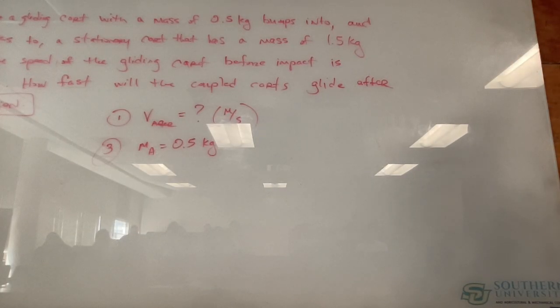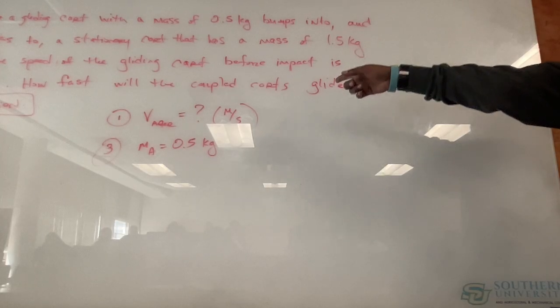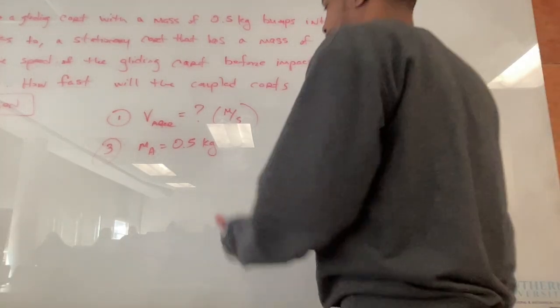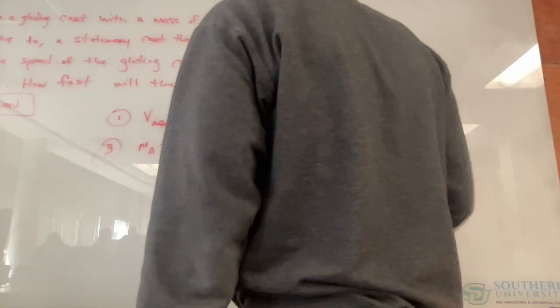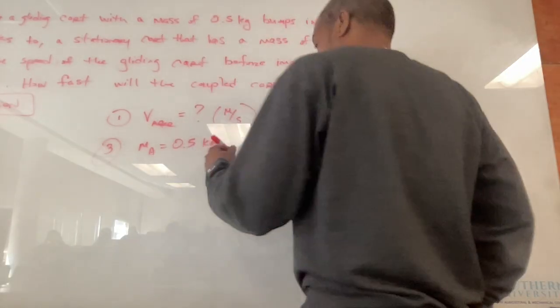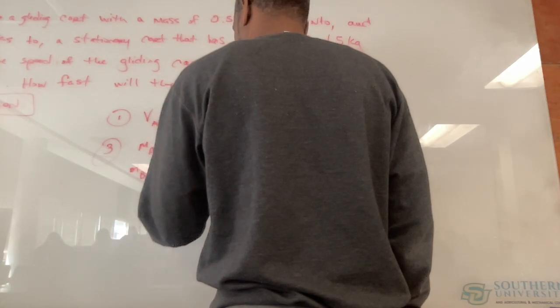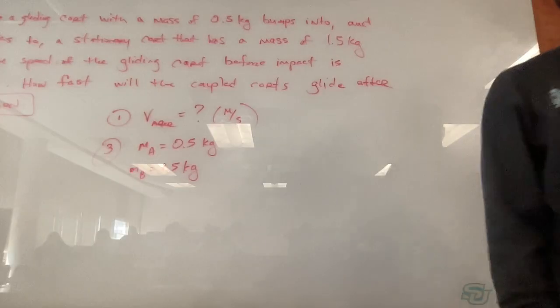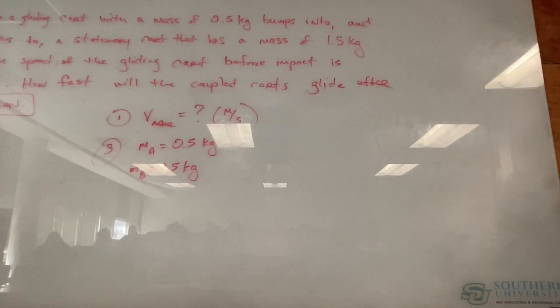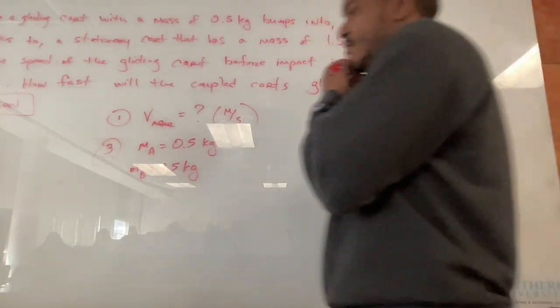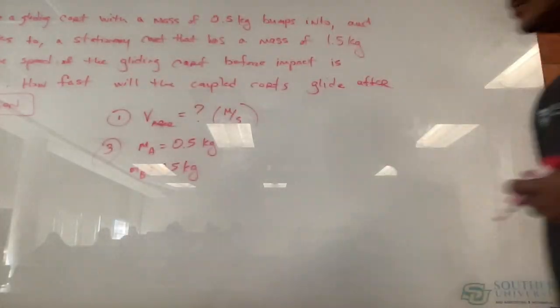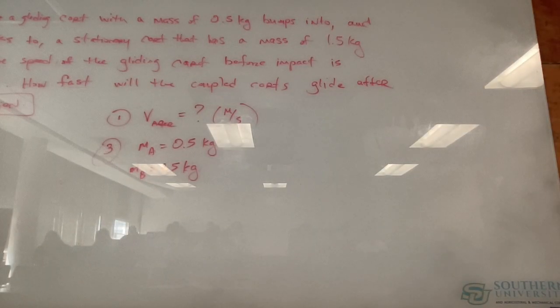Can y'all see this? Okay. And mass B is 1.5 kilograms. So we got mass A and mass B. And what else do we have? The impact?